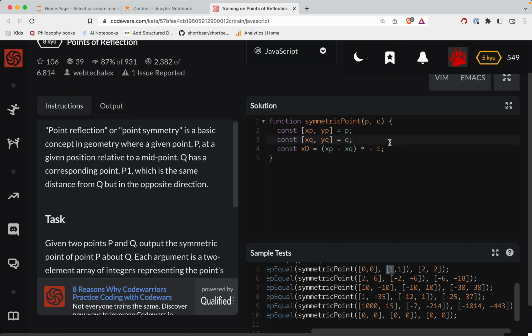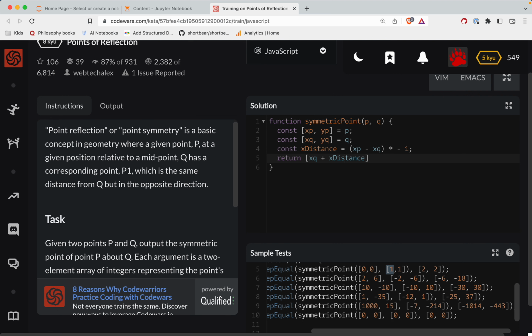And then I will add that to x at q, xd. I'm going to call this lowercase d for the distance. X distance. There we go. Okay.